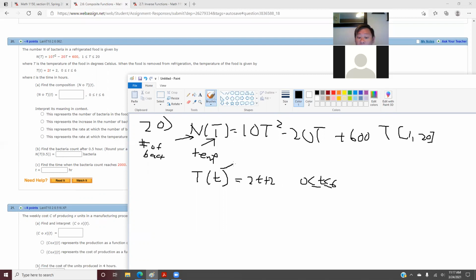This little t is time. So we have 3 variables here: capital N, the number of bacteria, big T, temperature, and small t, time.